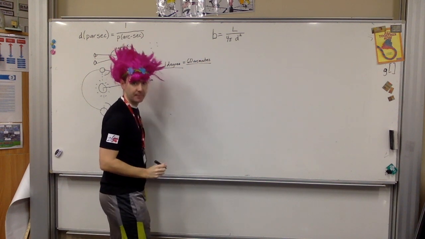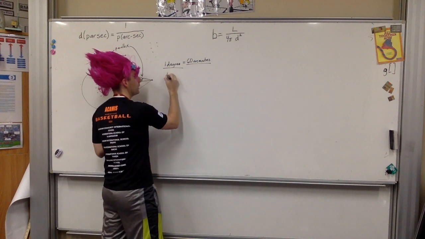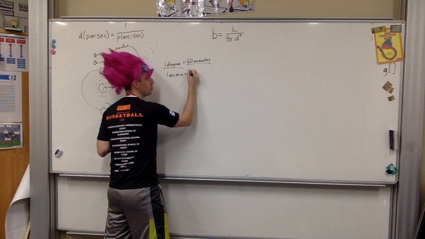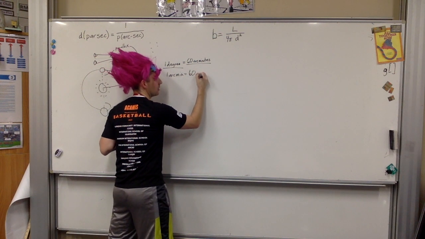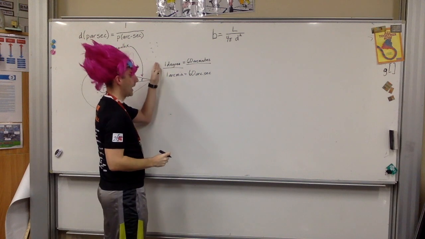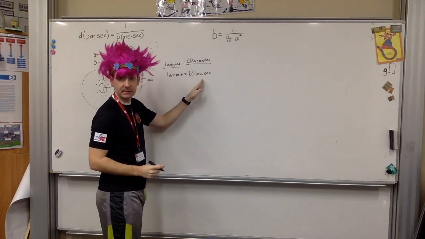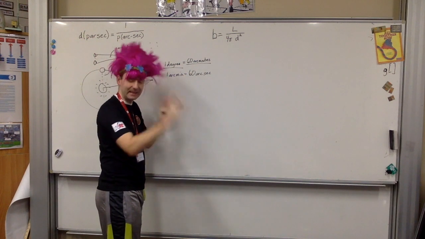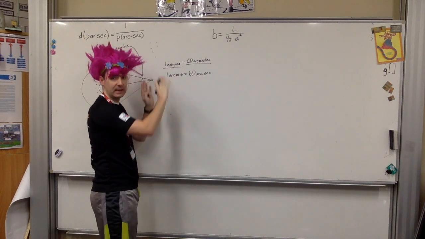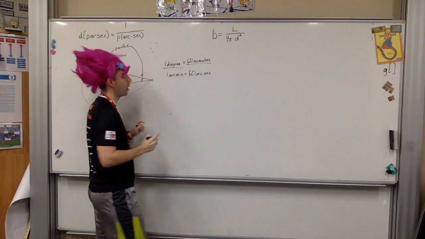Okay, 60 arc minutes. 1 arc minute is equal to 60 arc seconds. Okay, it's like an hour is 60 minutes and a minute is 60 seconds, right? It's exactly the same. They kind of came up with basically by the same people, same idea. Okay, so same thing. All right.